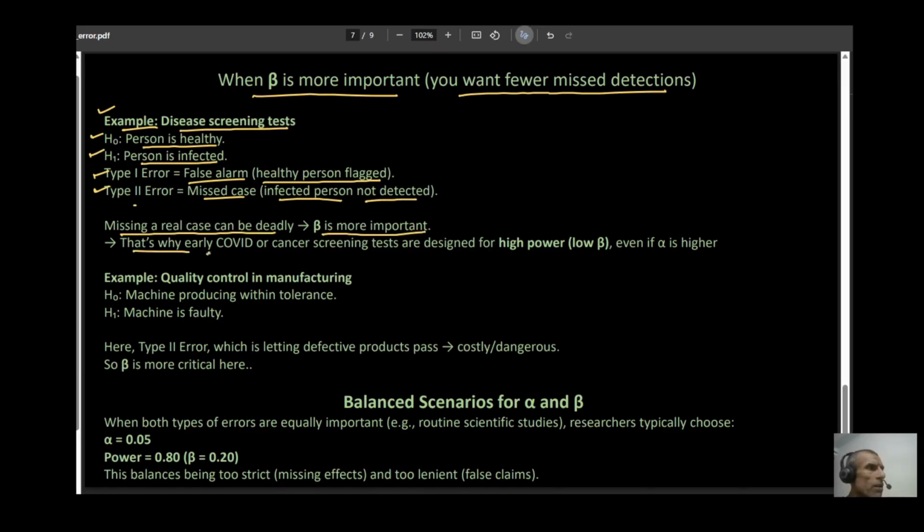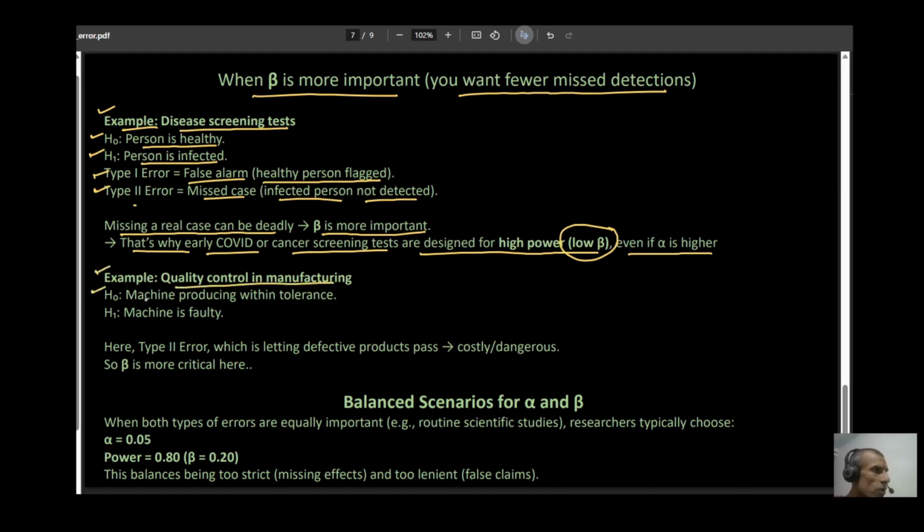That's why early COVID or cancer screening tests are designed for high power, low beta, even if your alpha is higher. So here you will actually be choosing beta as a high priority over your alpha. Another example would be quality control in manufacturing.